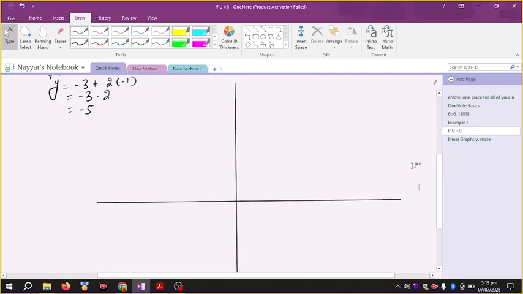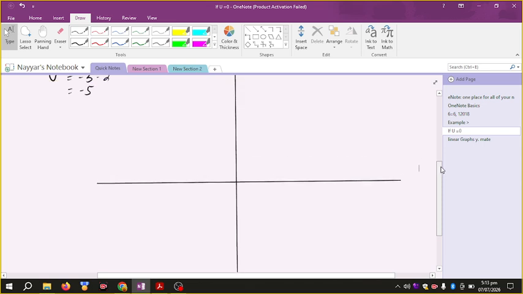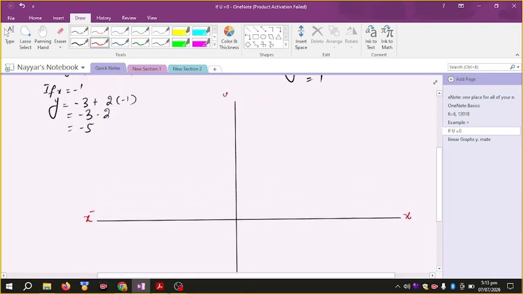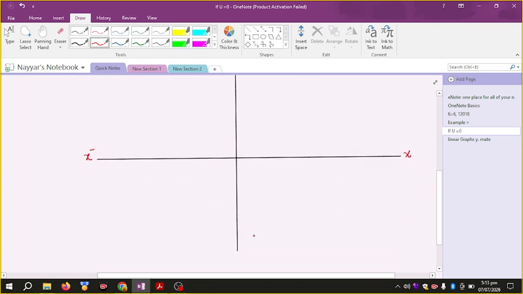So let's write it down. You know that the horizontal line is the x-axis, and here we are having positive values of x, and negative values of x, and the vertical line is your y-axis, and here we are having positive values of y, and downward we are having negative values of y.